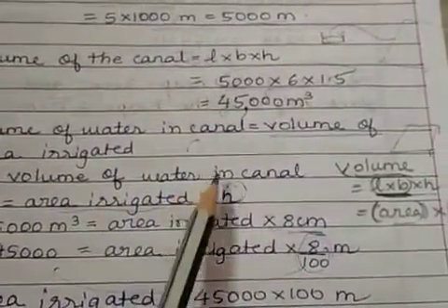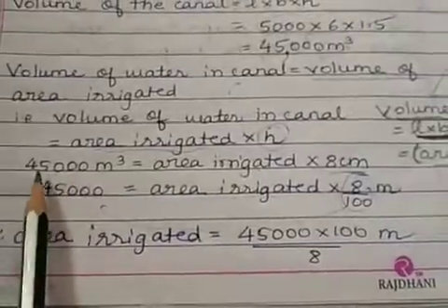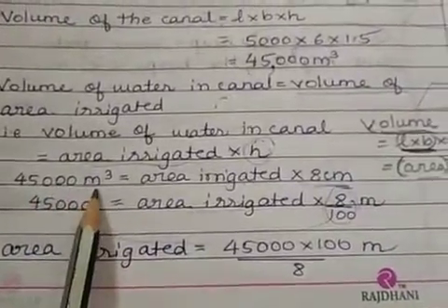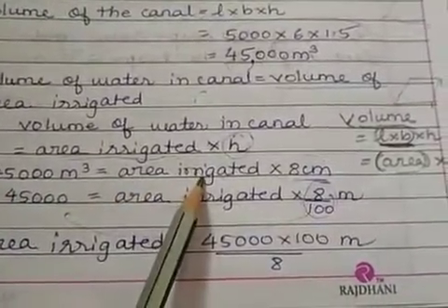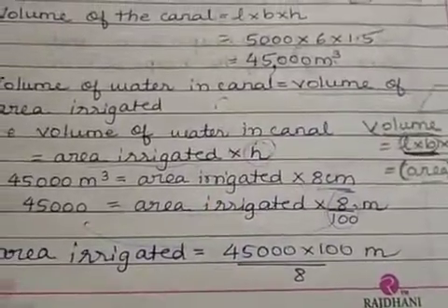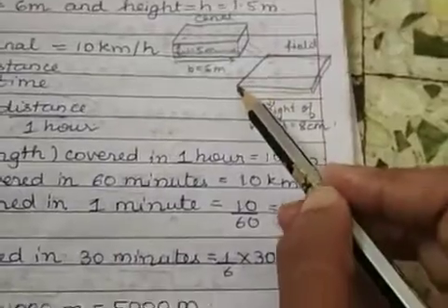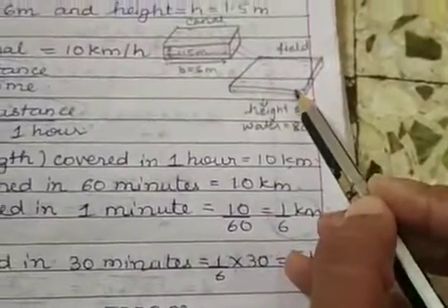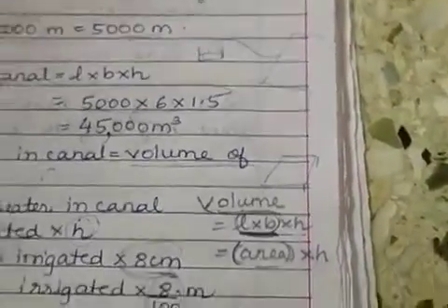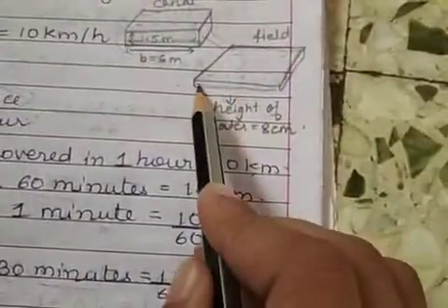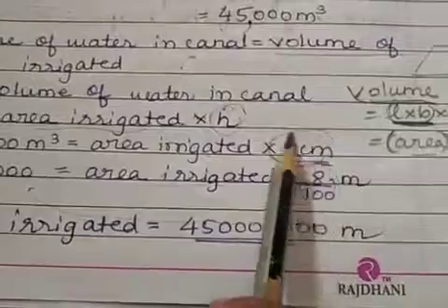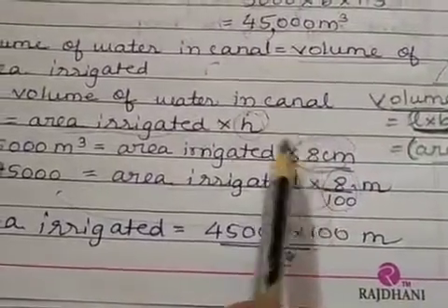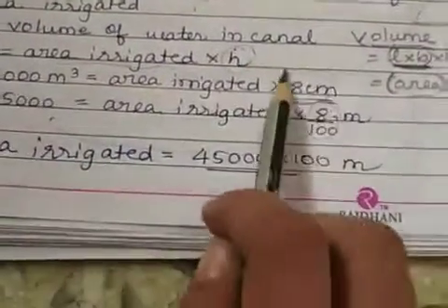Volume of the canal we have already found as 45,000 meter cube, equal to area irrigated multiplied by 8 centimeters, which is the height of water, as said here. The standing water which should be there is 8 centimeters, right? So we have to take the height of the field as 8 centimeters.